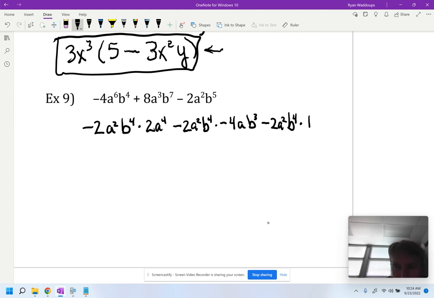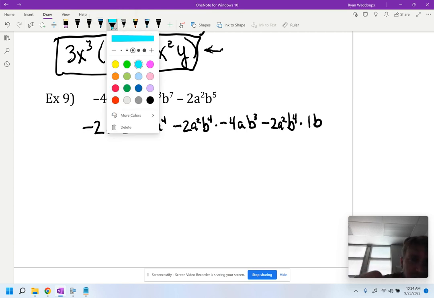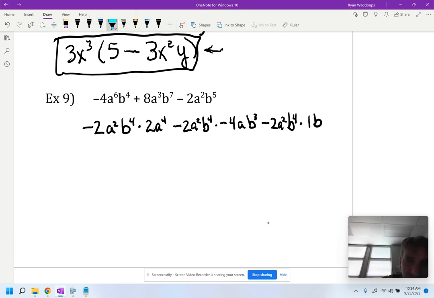And then b to the 5th, so I would just write b, because b times b to the 4th would be b to the 5th, and so that last term is just that. So this time I'm going to highlight the ones that are going to stay. The ones that are going to stay inside the parentheses are b, negative 4ab cubed, and 2a to the 4th.